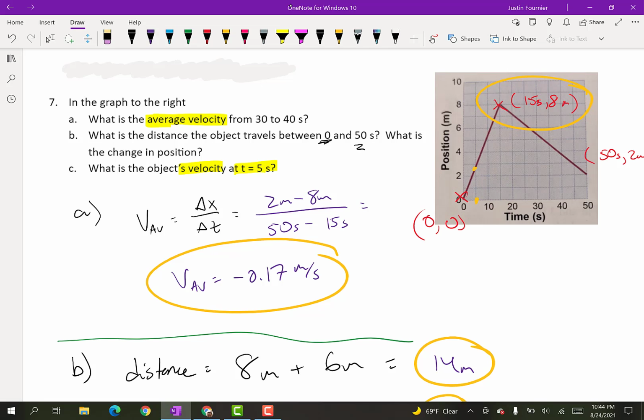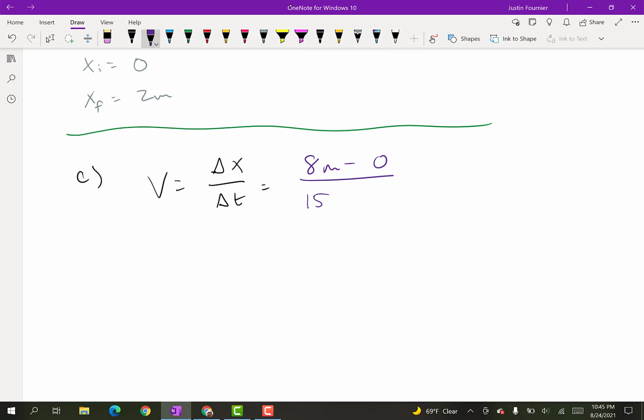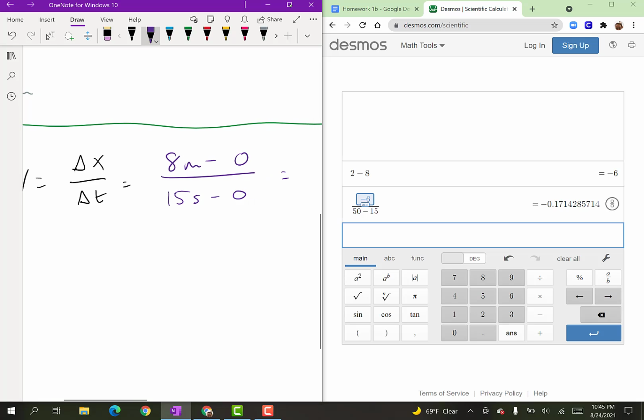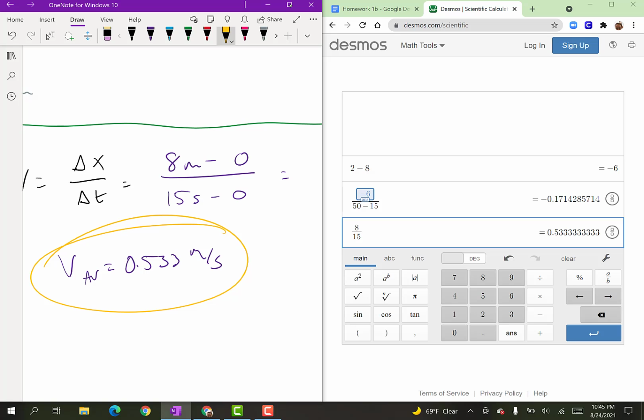And then at the same time, my final time is 15 seconds. My initial time is 0 seconds. So 15 seconds minus 0. So that's 8 divided by 15. And I get 0.53. So my average velocity is 0.53. I could add another 3. Why the heck not? And that is my average velocity.